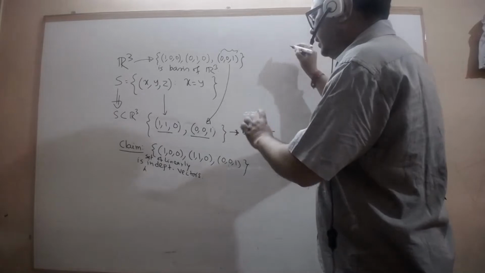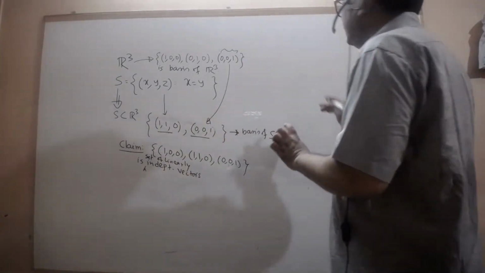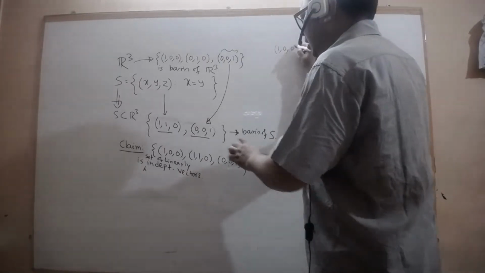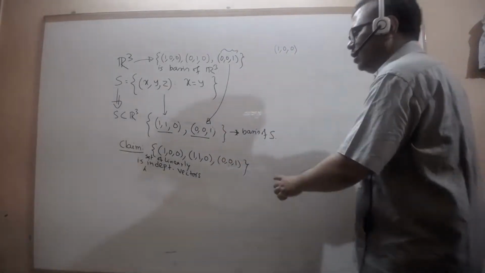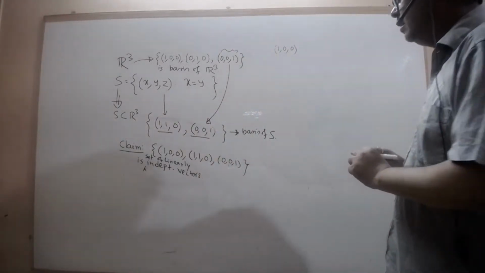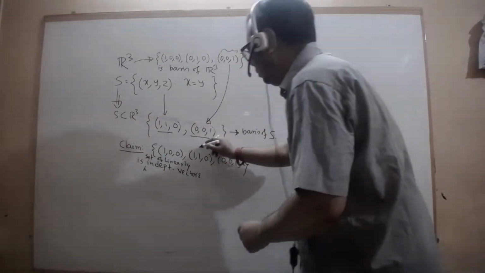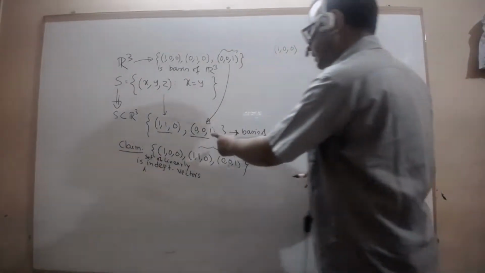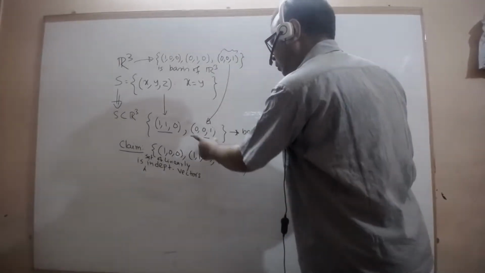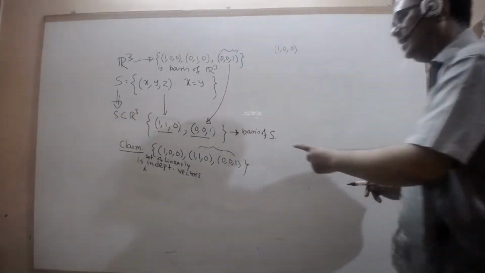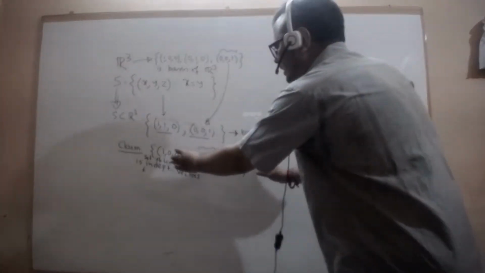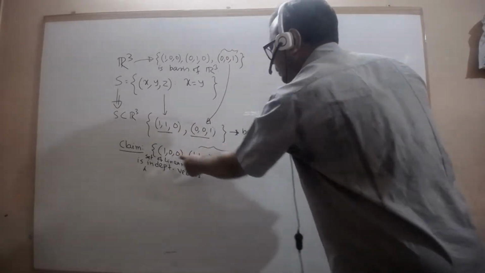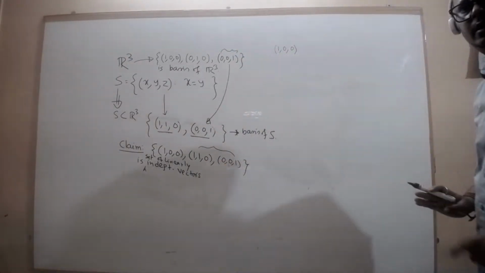First assume that this is not independent. Then any vector can be written as a linear combination of the remaining two vectors. So already we know that these two are independent because this constructs the basis of S. So if this set is linearly dependent, then this should be written as a linear combination of these two vectors.